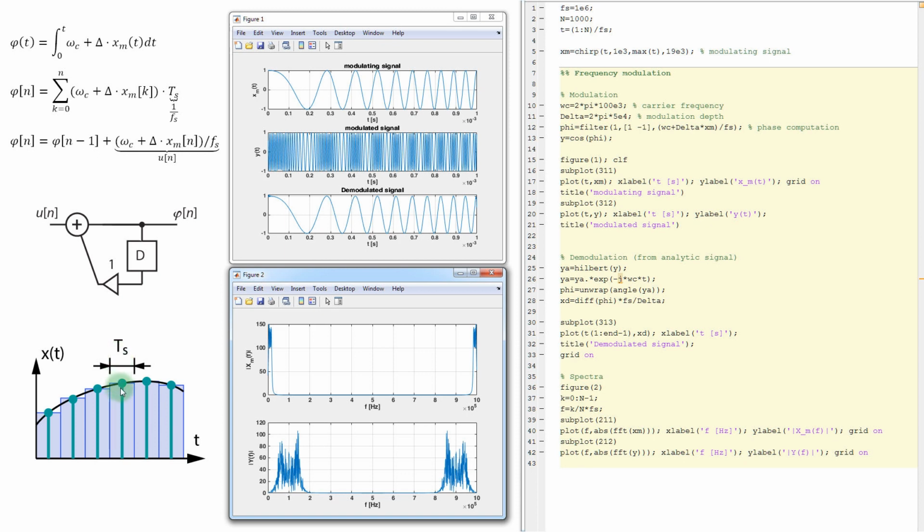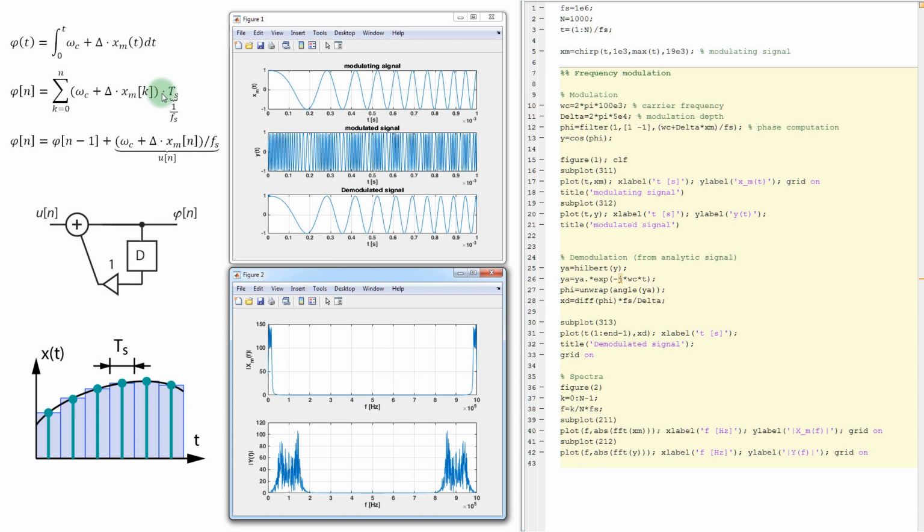When I sum up the area of these rectangles, I will get an approximate estimate of the area under this curve. Now the area of one rectangle is given as the value of this sample times the sampling period, and that is what I am summing up here. So this sum is the sum of the area of these rectangles, and that approximates this integral.